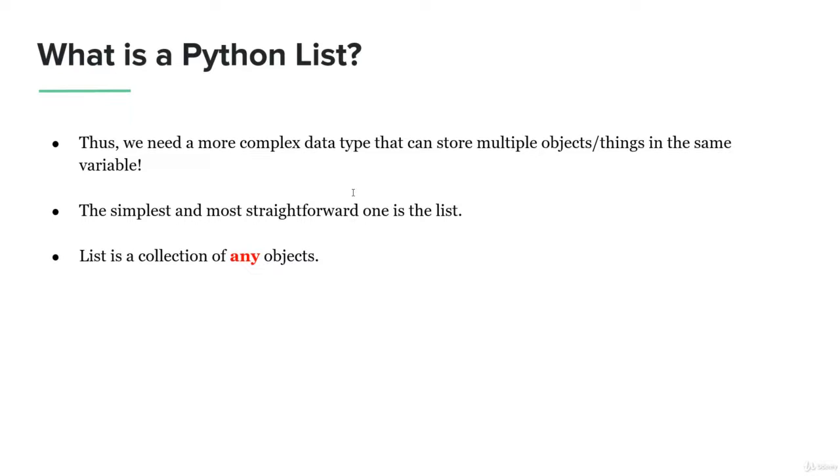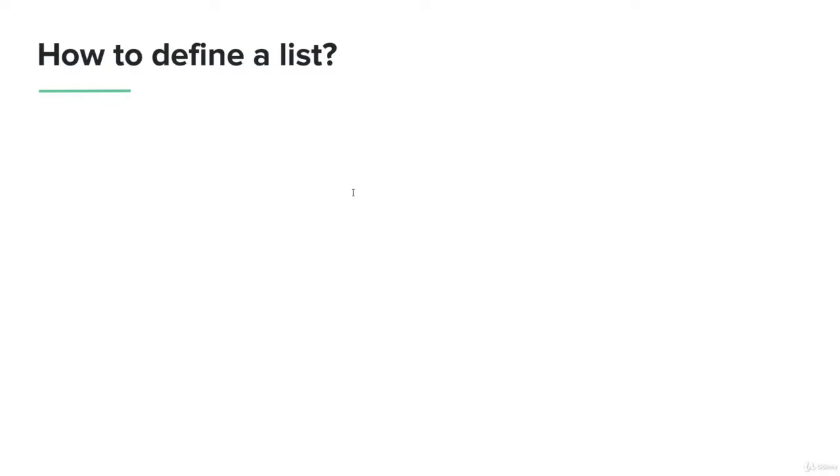So list is basically a collection of any objects, and you can see that I highlighted any in red because it's basically any. We can store strings, numbers, collection of strings and numbers and floats in the same Python list. So how to define a Python list?